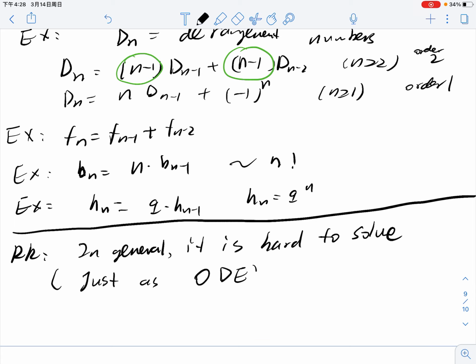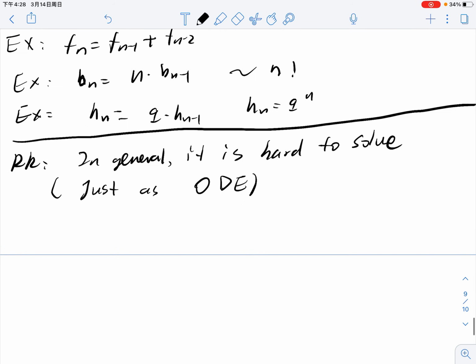When you have coefficients as variables, then it's very hard. Okay, and I will not explain the notation homogeneous, but if you learn some ODE or linear algebra, you know, it means Bn is 0.